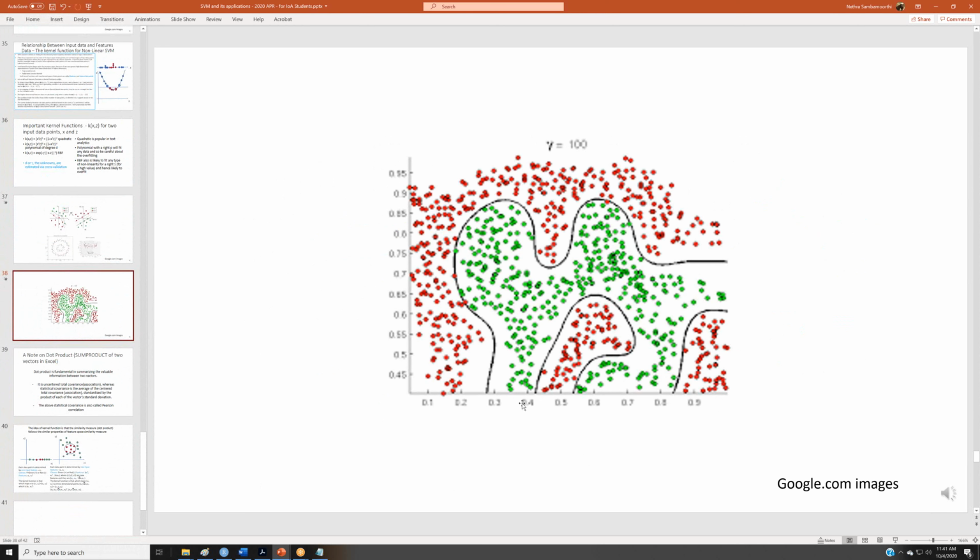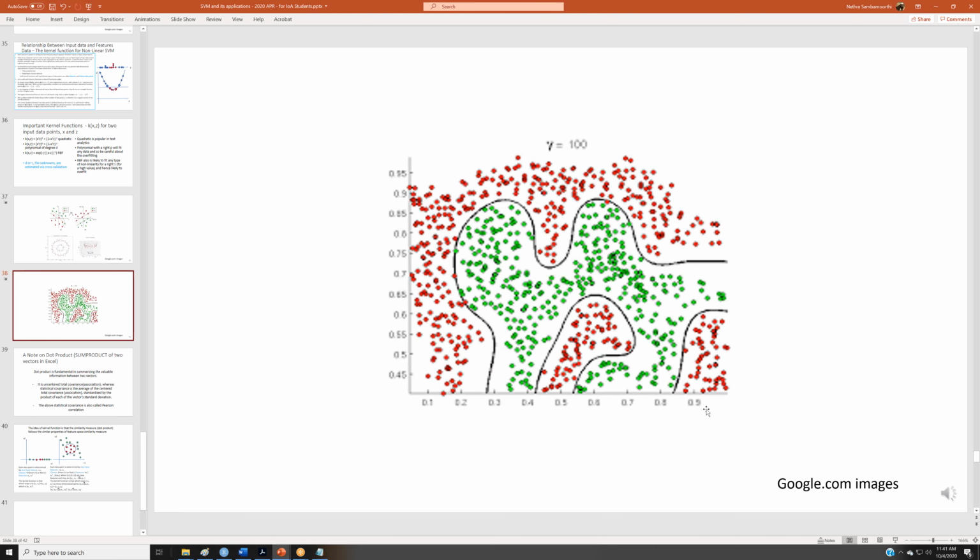So here is an example. This was actually solved also. It is a radial basis function, gamma equal to 100. I don't know whether you can see that. It's a problem solved with radial basis, an example from Stanford University. This is the original data points, not the transformed data points.